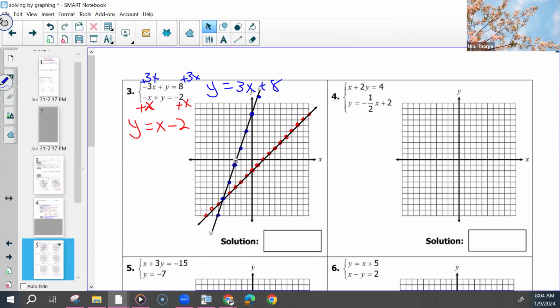Where do those two lines cross? Yes. Yes, you need to fill up the graph.